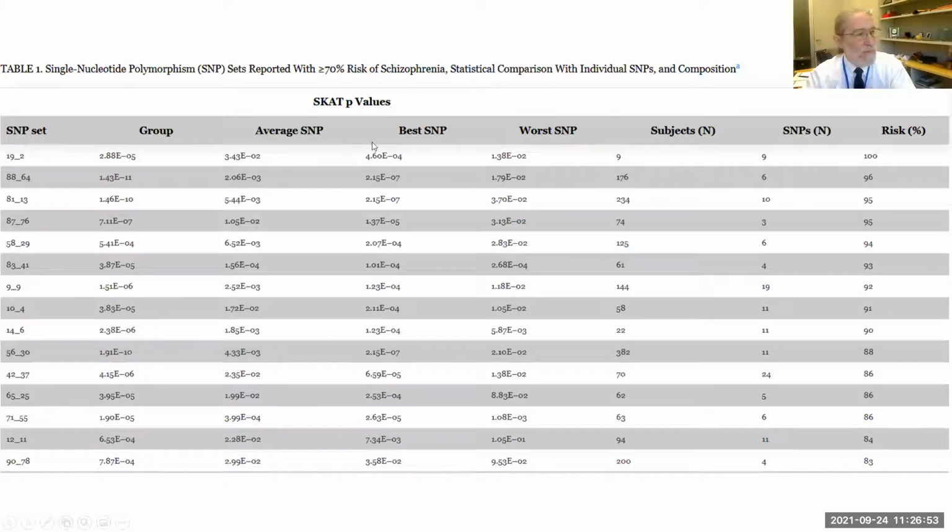You have some that are very good, some that are very bad, and then you have the relationship of that specific set of variations with the risk of disease, meaning the likelihood that if you have this particular set of variations, you will have the disease, schizophrenia in this case. For some groups, it's very well defined, 100%, some not so well. In this case, you can have these variations and still have 17% of individuals who don't have any illness.